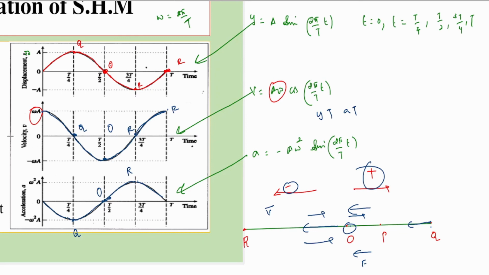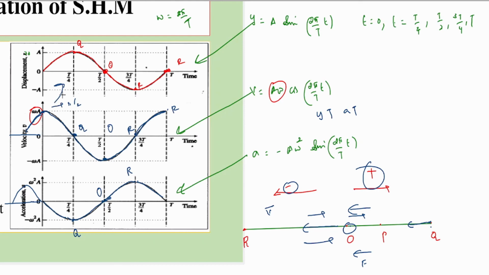Now to understand better, we can draw the curves backwards. If you pull this sine curve by pi by 2, then we get the cosine curve. Let's observe carefully here. When we pull this velocity curve towards this side by pi by 2, we get the displacement curve.